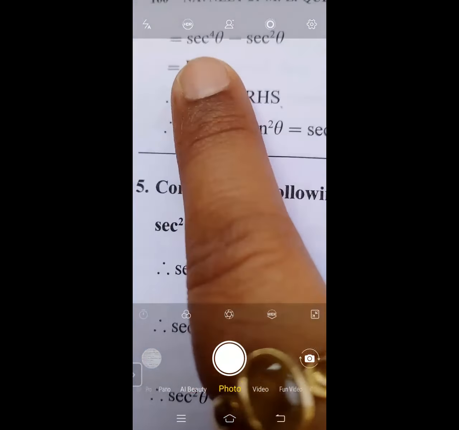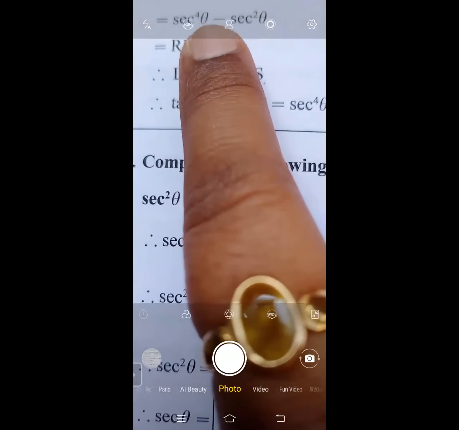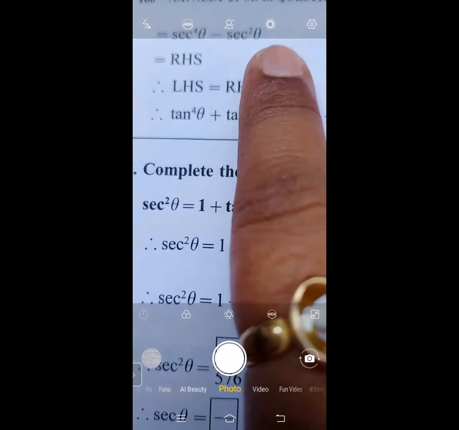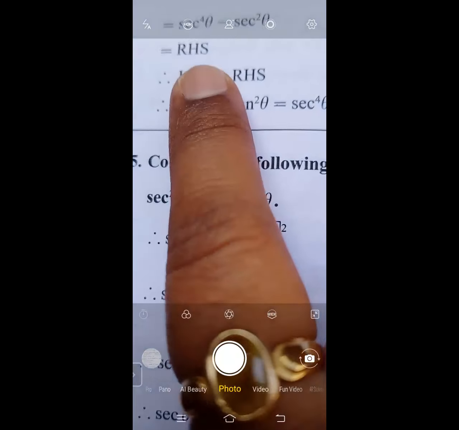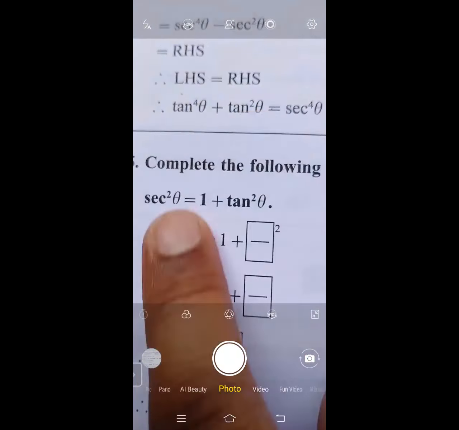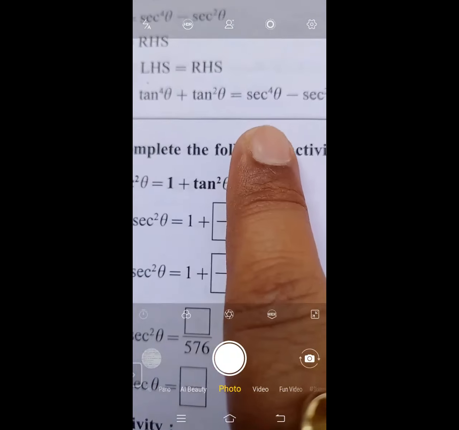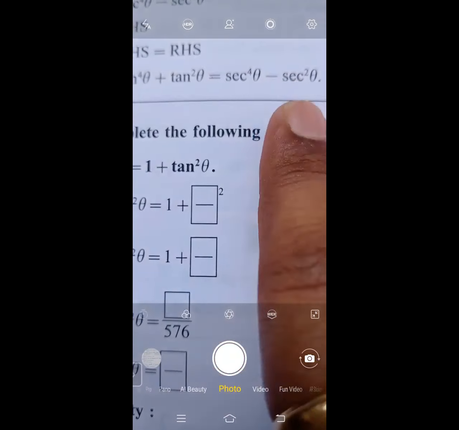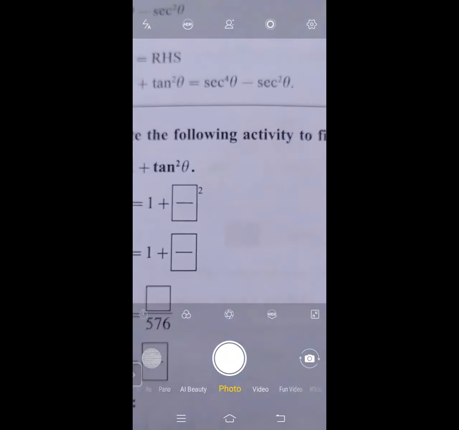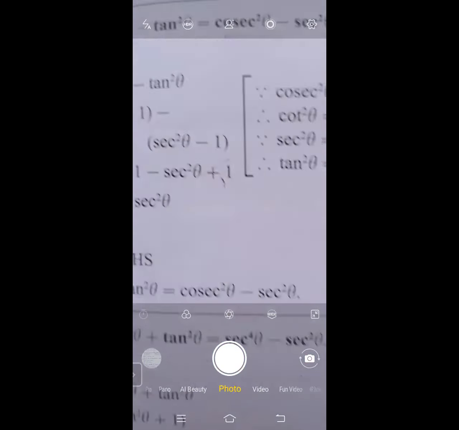After multiplying, you can see sec raised to 4 theta minus sec square theta, which equals RHS. Now LHS equals RHS: tan raised to 4 theta plus tan square theta equals sec raised to 4 theta minus sec square theta.